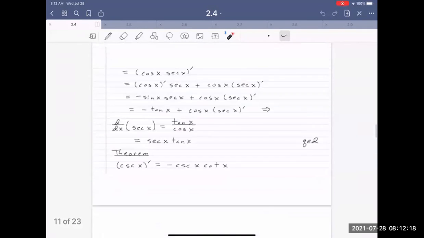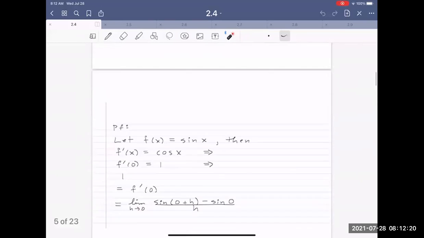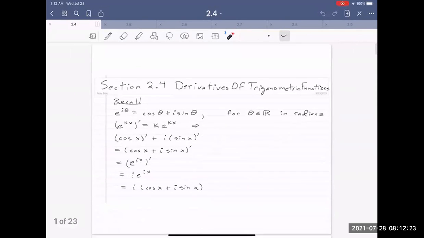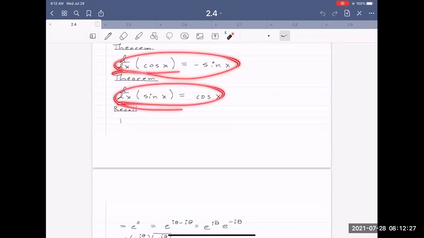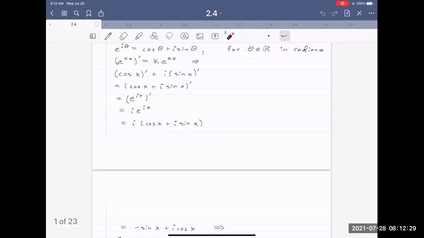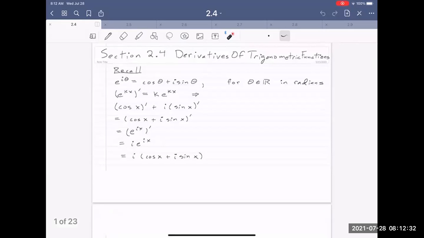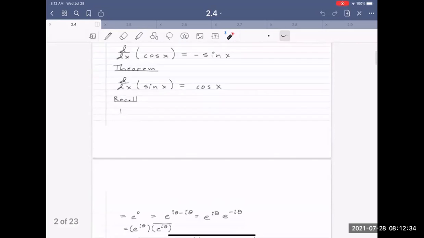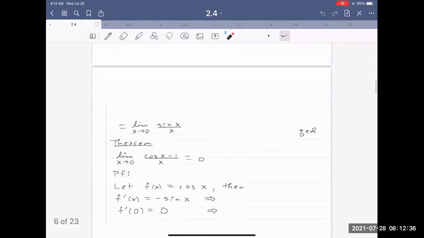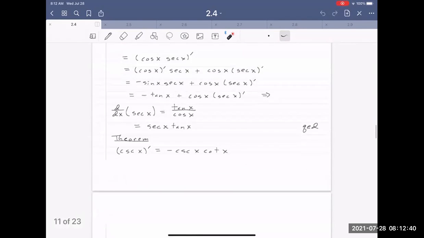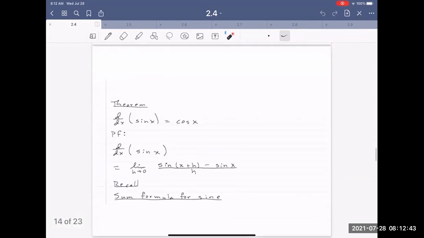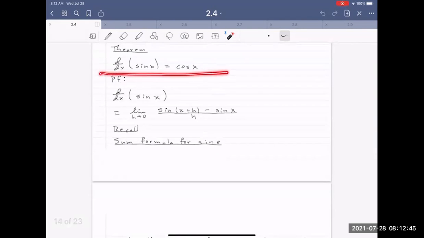I showed at the very beginning how to find the derivative of sine and cosine using this easy fact. Suppose that I don't want to use the fact that the derivative of the exponential function is just the exponential function. Let's reprove this, not using that fact.